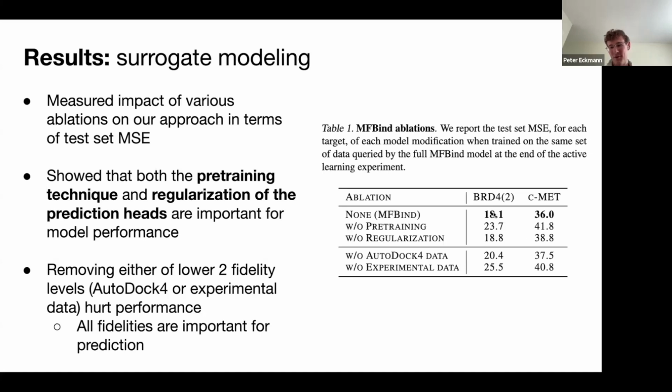You can see for both of these targets, the MSE is higher if we remove these two techniques. We also found that removing either of the lower two fidelity levels, so Autodoc4 or the experimental data, hurt performance. Without the Autodoc data and without the experimental data, the MSE is higher. That shows that all fidelity levels that we have are important for the prediction.